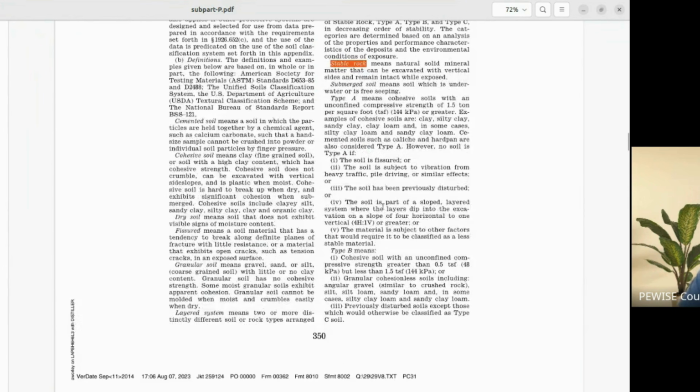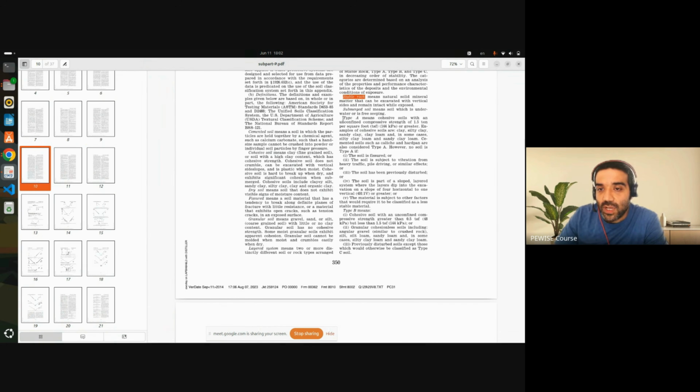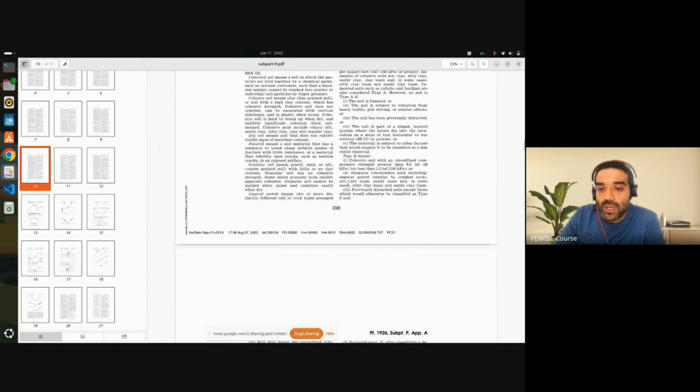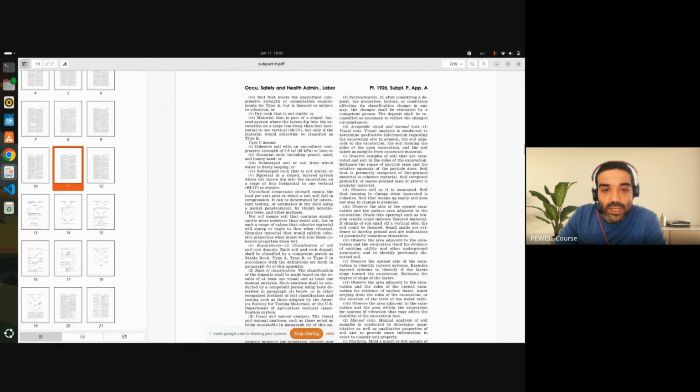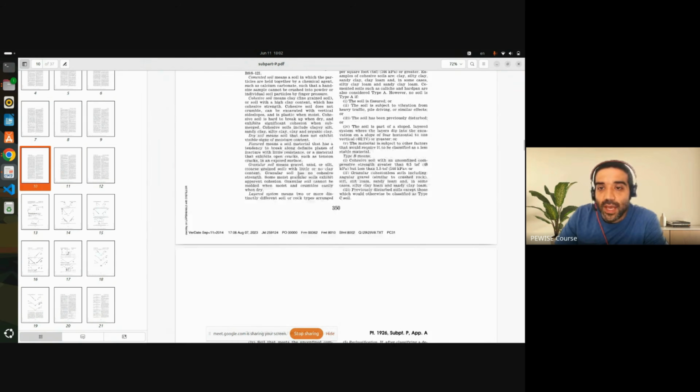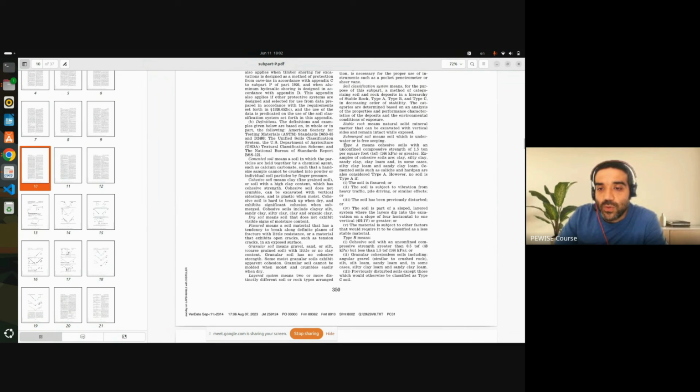And then we have different types of soil, type A, type B, and type C, and they get weaker as we go from A to C. You start from type A, check if your soil qualifies for type A, then move to type B, and then C.